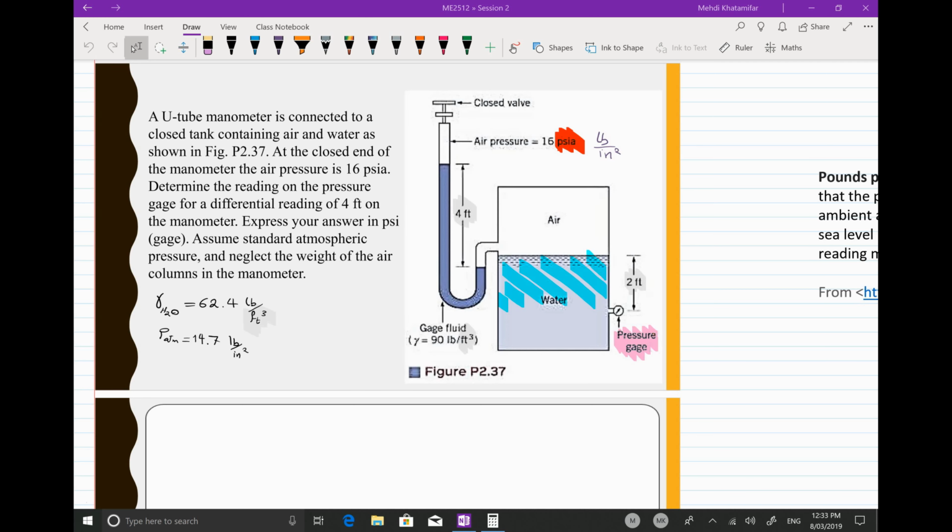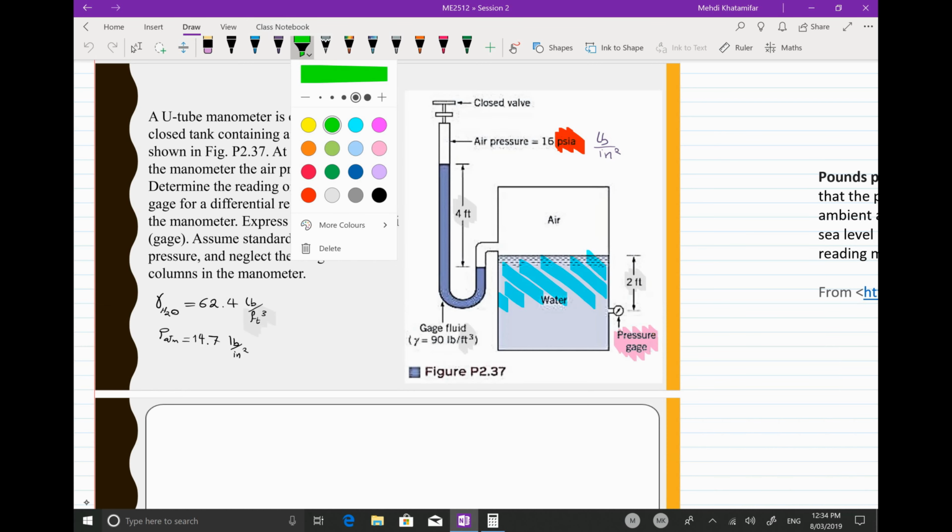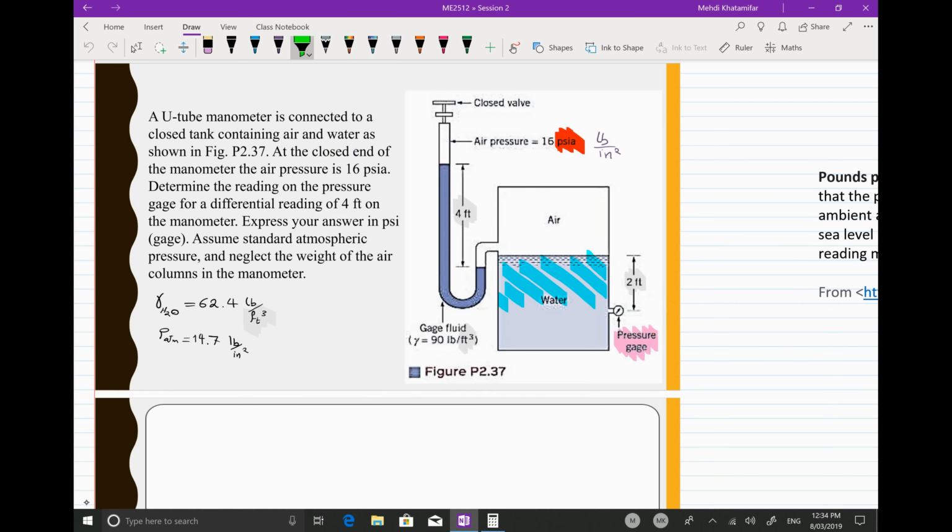Okay, now it's time to read the manometer. First thing we should know, air pressure inside this area is going to be the same all over here. Why? Because we consider air pressure constant for low height differences.